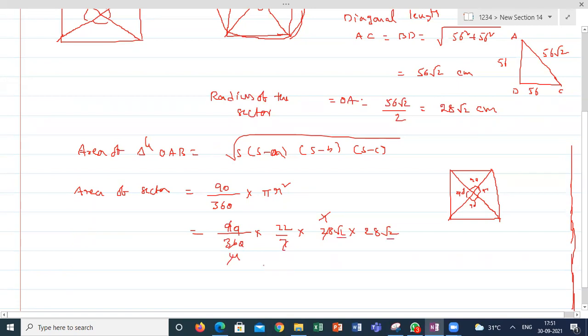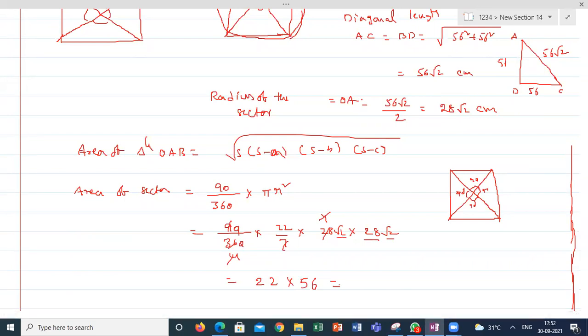Root 2 into root 2 is 2, this will be 22 into 28 into 2 is 56. Calculate and let me know the area of that sector.